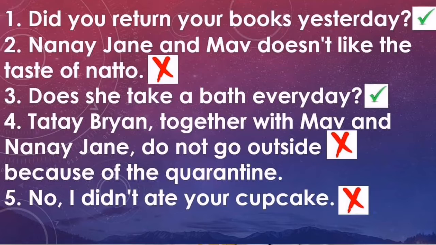Number 4, Tatay Brian together with Mav and Nanay Jane do not go outside. Okay, in this part, I really intended to put the phrase together with Mav and Nanay Jane. This is actually called panggulo phrase. Okay, so I consider this as panggulo phrase, but this is actually an appositive. Whenever you see this kind of phrase or the words inside two commas, that means you can remove this in a sentence.